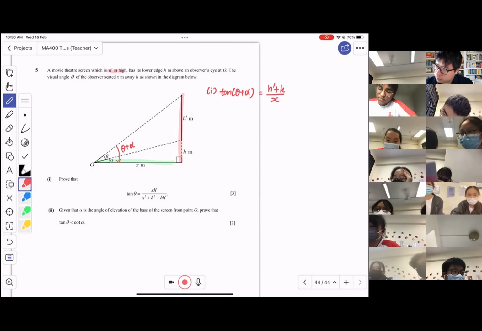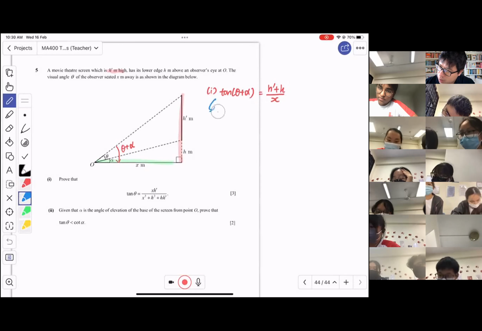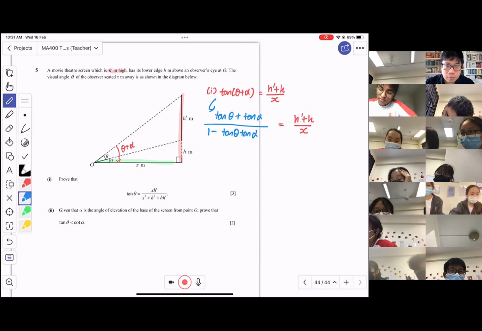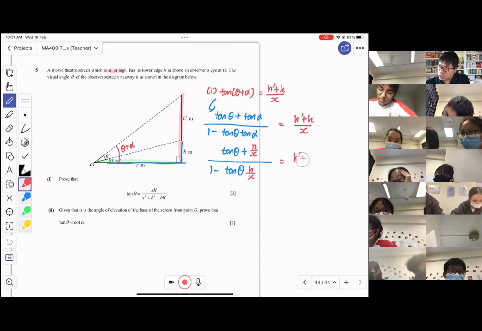At the same time, I can change this to tangent A plus tangent B over 1 minus tangent A tangent B, which is also equal to H prime plus H over X. Now tangent alpha is the same as H over X, so I replace tangent alpha with H over X. Then I write 1 minus tangent theta multiplied by H over X equals H prime plus H over X. So far, okay?